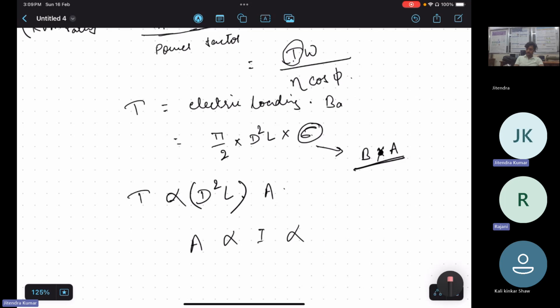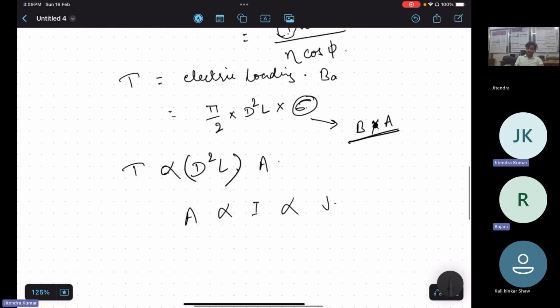There is an expression of ampere conductor loading in the machine: I into Z divided by pi D. So total number of conductors and current flowing in a single conductor divided by pi into D, which is the circumference of the machine.